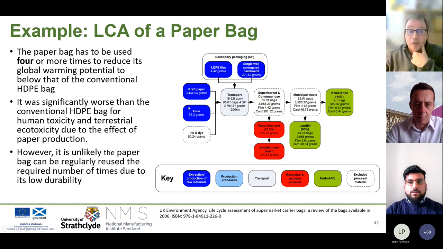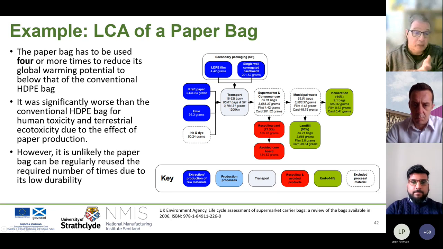So straight away, you can see we've got 4 blue inputs into this. Transporting the bags, we're using a 16 to 32 ton lorry, and it worked over a distance of 1,200 kilometers. That also has a certain amount of carbon footprint attached to it. And going to the supermarket, separating it out, what goes to waste, what gets incinerated, which is a very small amount. A lot of paper bags actually go to landfill.